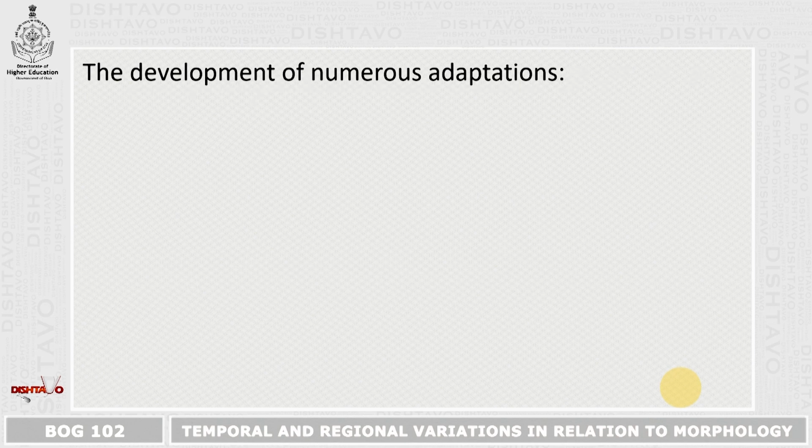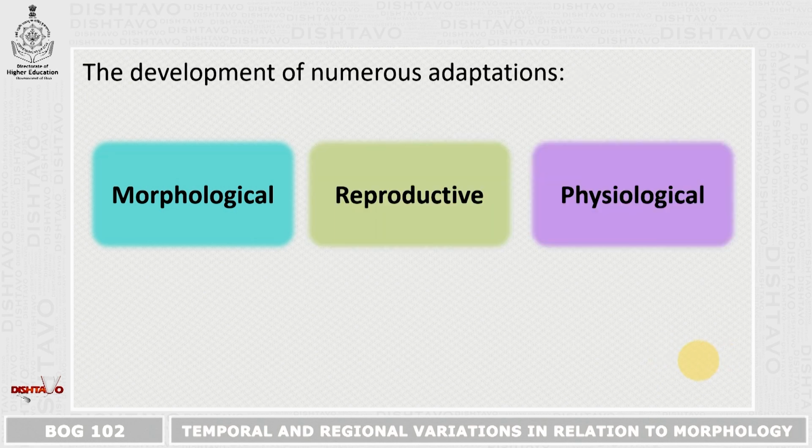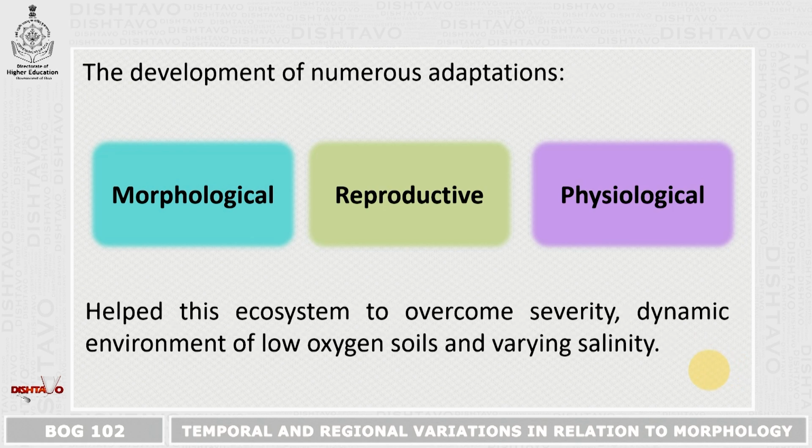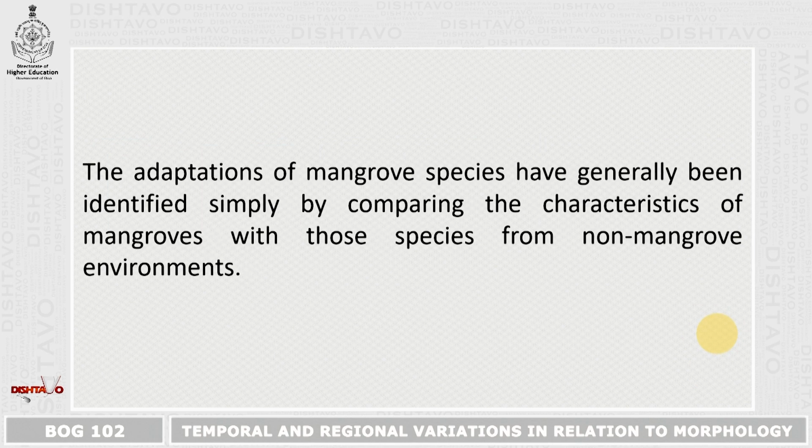It is because of the development of numerous adaptations such as morphological, reproductive, physiological, which has helped this ecosystem to overcome severity, dynamic environment of low oxygen soils and varying salinity. The adaptations of mangrove species have generally been identified simply by comparing the characteristics of mangroves with those species from non-mangrove environments.